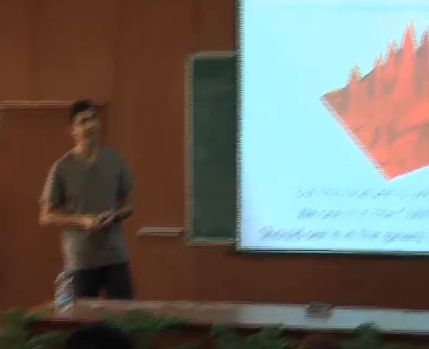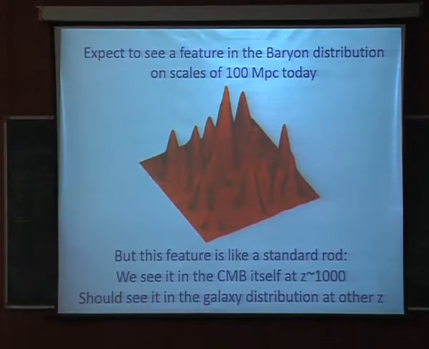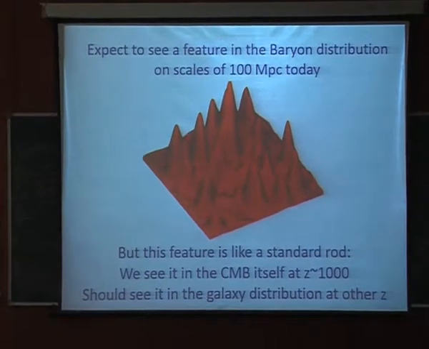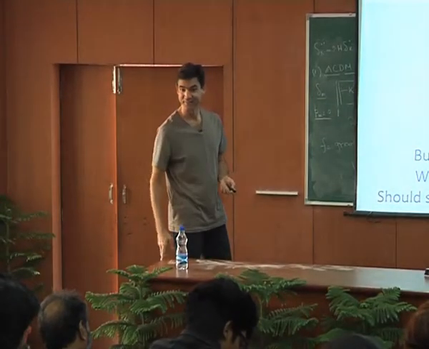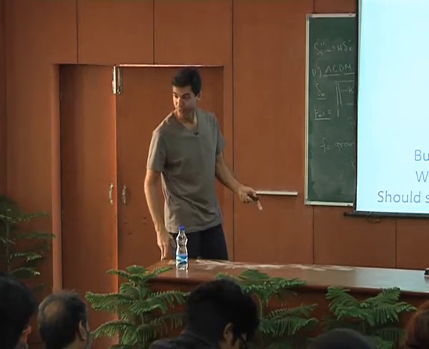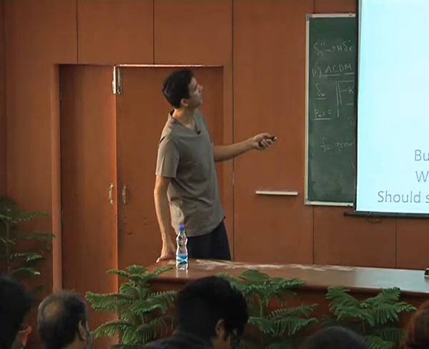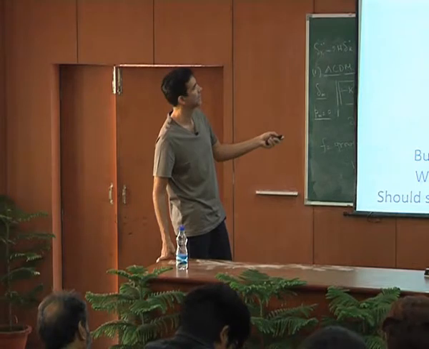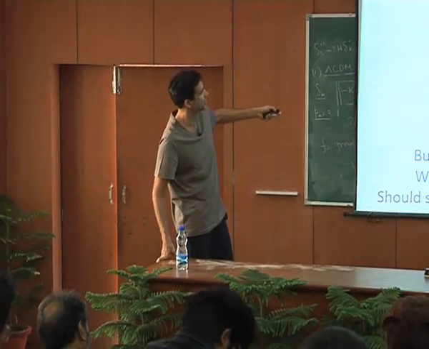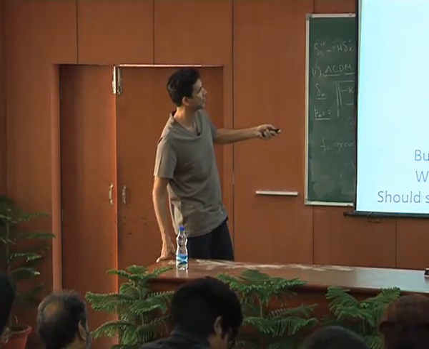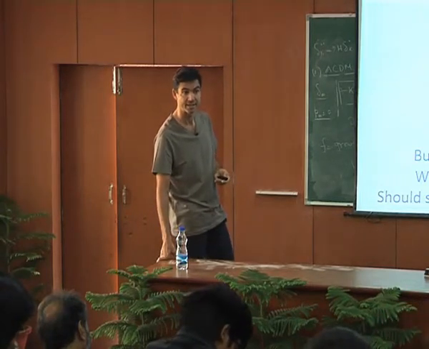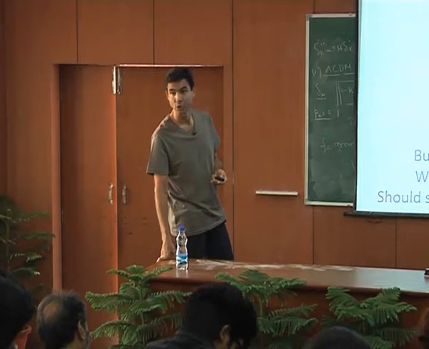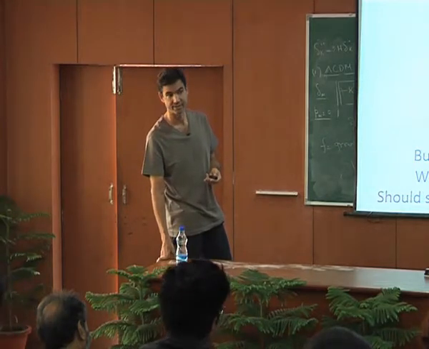With this, you certainly can't see a shell by eye anymore. But it is still true that if I sit on a peak here and look 100 megaparsecs away, there should be a slight excess of baryons in a shell around this peak, and around every single peak. And so we can look for this slight excess.